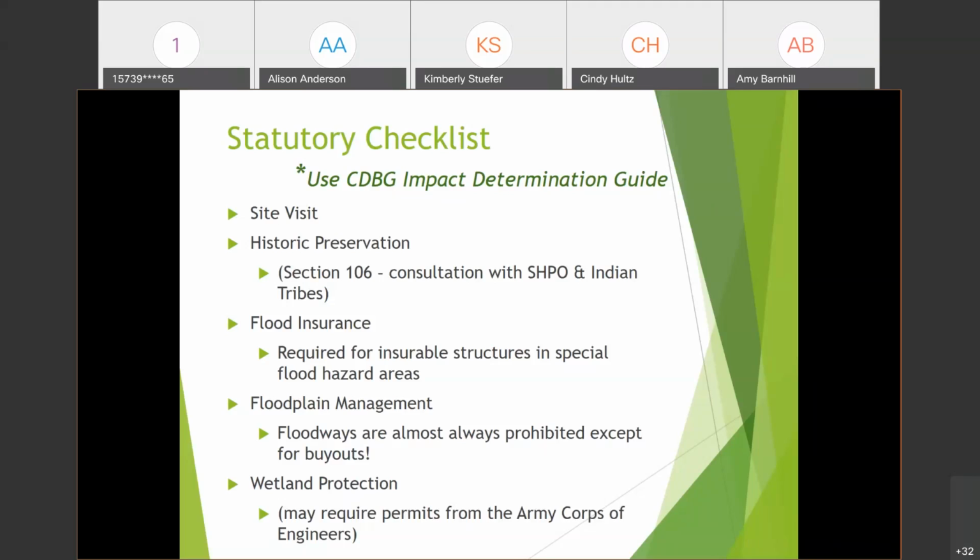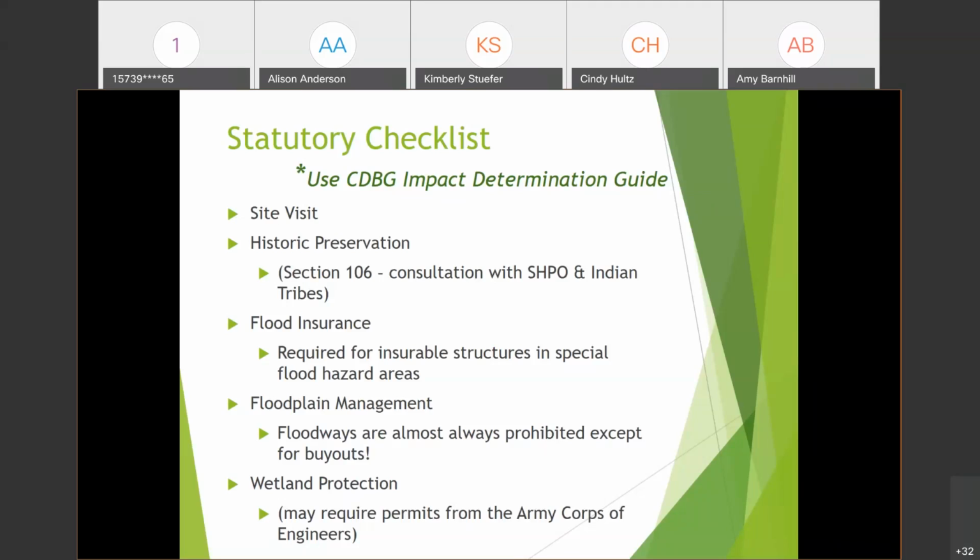And then for a wetland, you want to show the project site in proximity to where the wetland is. So it should be able to clearly tell where the project site is in proximity to a wetland, and that's important to document in your file.